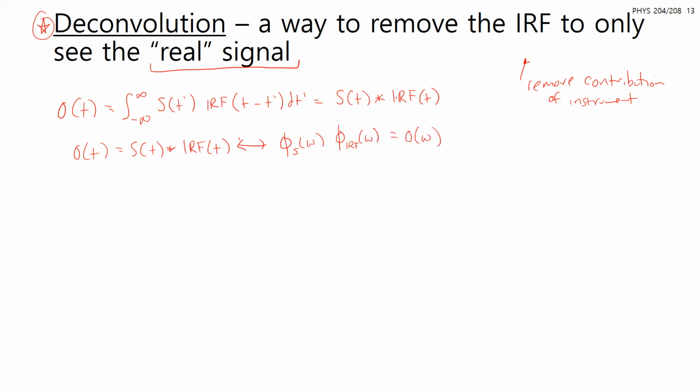If we look at this and we want to remove the contributions of the instrument response function, or the frequency response function, given this equation here, what do you think would be the easiest way of removing the IRF from our output?